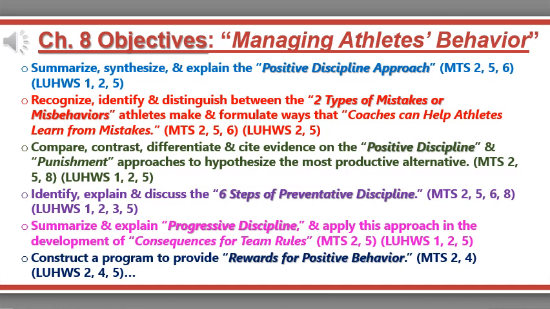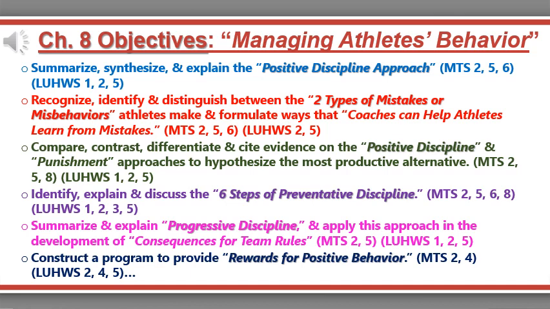We want to recognize, identify, and distinguish between the two types of mistakes or misbehaviors that athletes make. Once we do that, we need to formulate ways that coaches can help athletes learn from their mistakes. That ties into MTS Standards 2, 5, and 6, and Lincoln University Health and Wellness Standards 2 and 5.